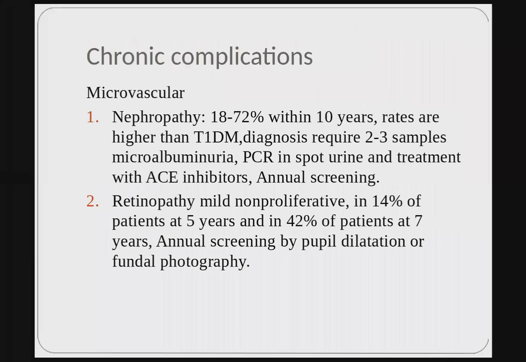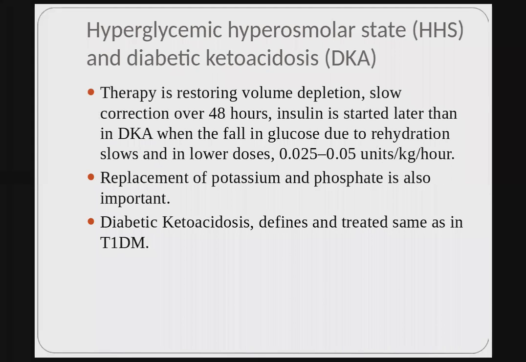Okay, the acute complications of type 2 diabetes mellitus: they can have hyperglycemic hyperosmolar state and may have diabetic ketoacidosis. So those with type 2 diabetes mellitus are at lower risk of serious hyperglycemic events than those with type 1 diabetes mellitus.